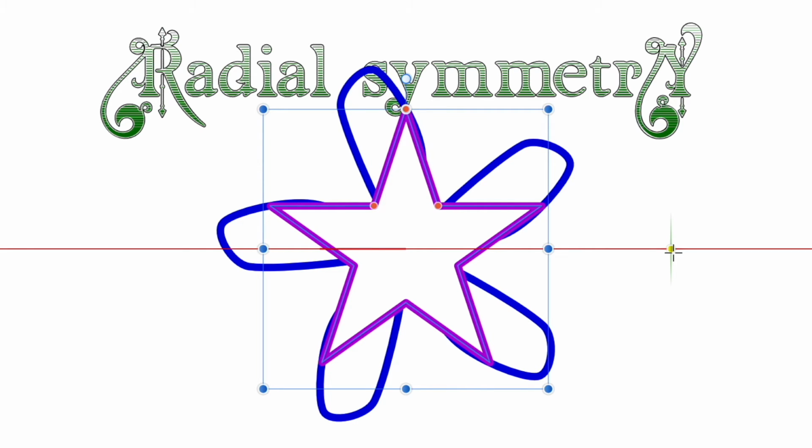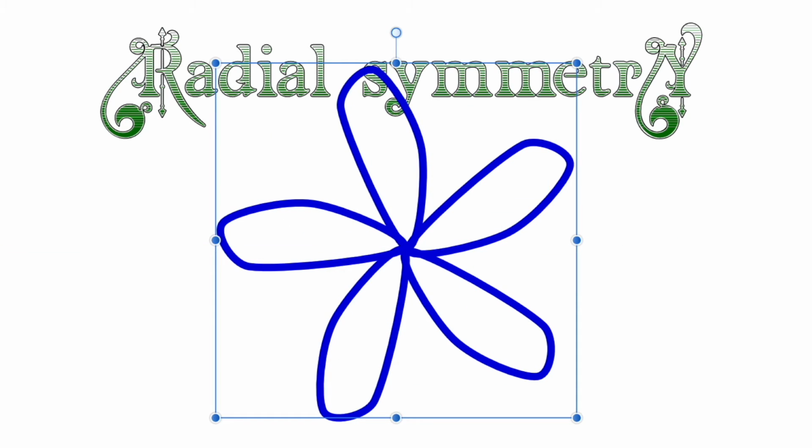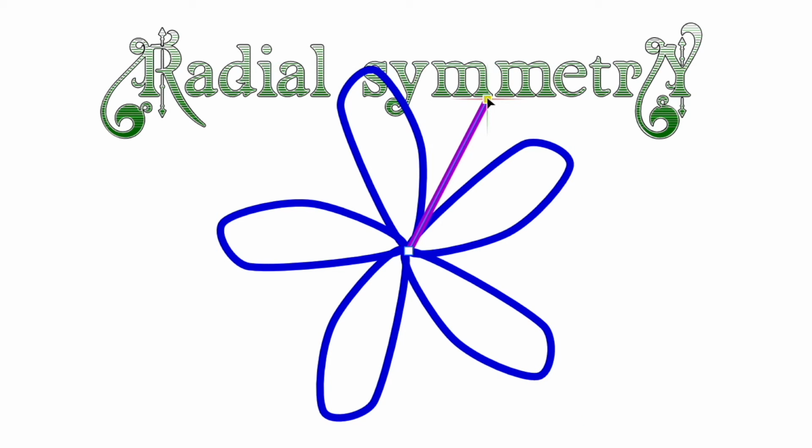Let's get rid of that for a second. So instead of having just a left-right symmetry, this has a symmetry that looks kind of like this. So each section is separate but matches each other. So five-sided symmetry around a central point.